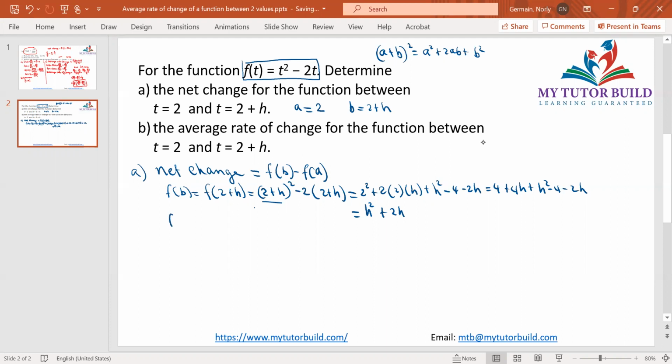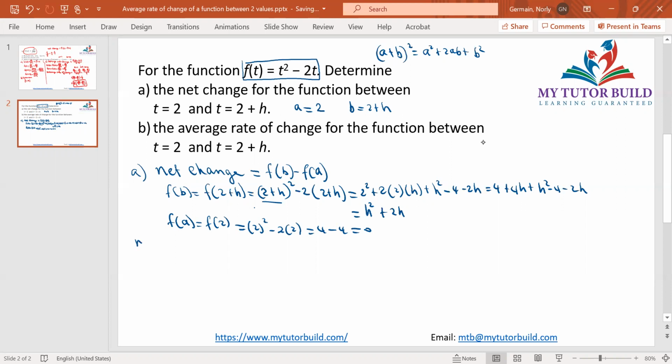Now, we can also find f of a, which is f of 2. Go back in the function, we substitute everywhere we see t. We have 2 squared minus 2 times 2. So 2 squared is 4, minus 4 gives us 0.